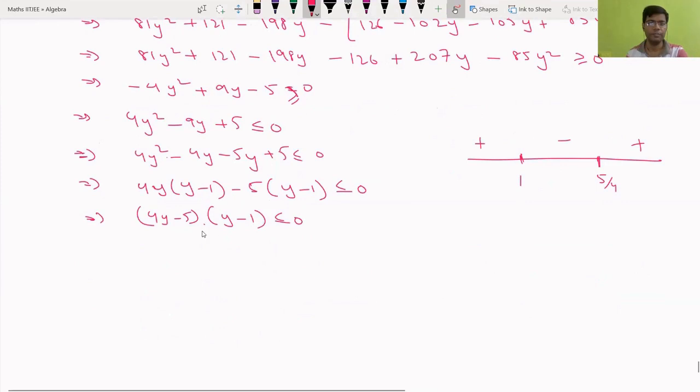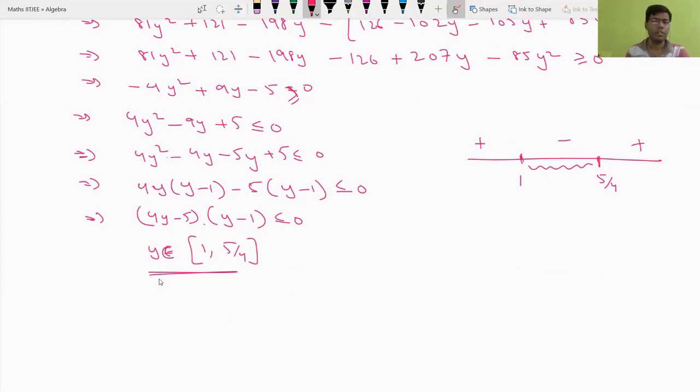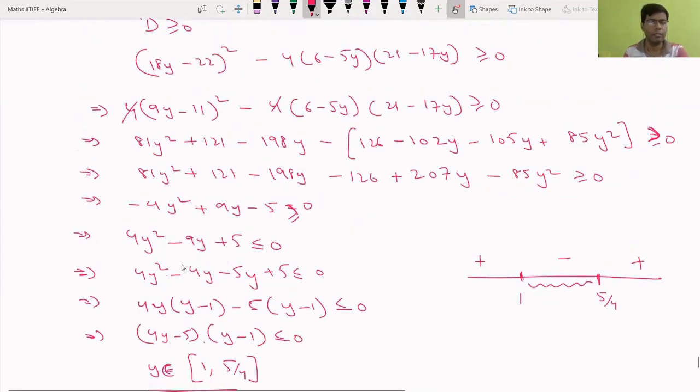So when my y is in this region, then the value is less than 0, and when my y is in this region, then it will be greater than 0. So for less than or equal to 0, my y will belong to [1, 5/4], closed. Okay, so this is where my y will belong.